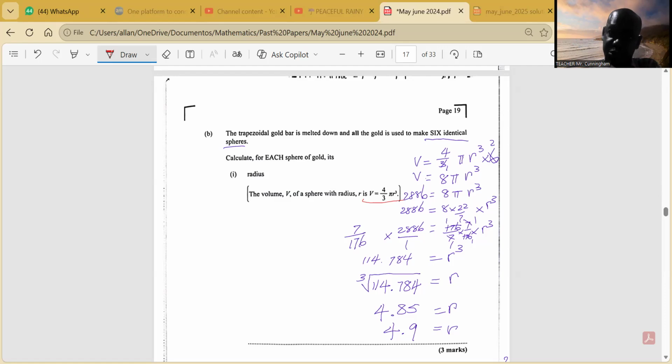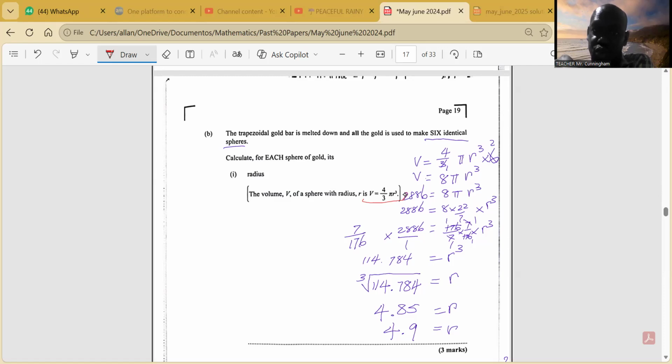All right, so volume is 4/3 pi r squared, but it was 6 identical spheres. So you had to multiply by 6 and use the same volume, 2886.